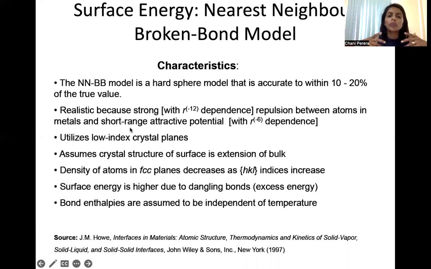This model always utilizes low index crystal planes. You will get to know what low index crystal planes means. And then we assume the crystal structure of the surface is an extension of the bulk.